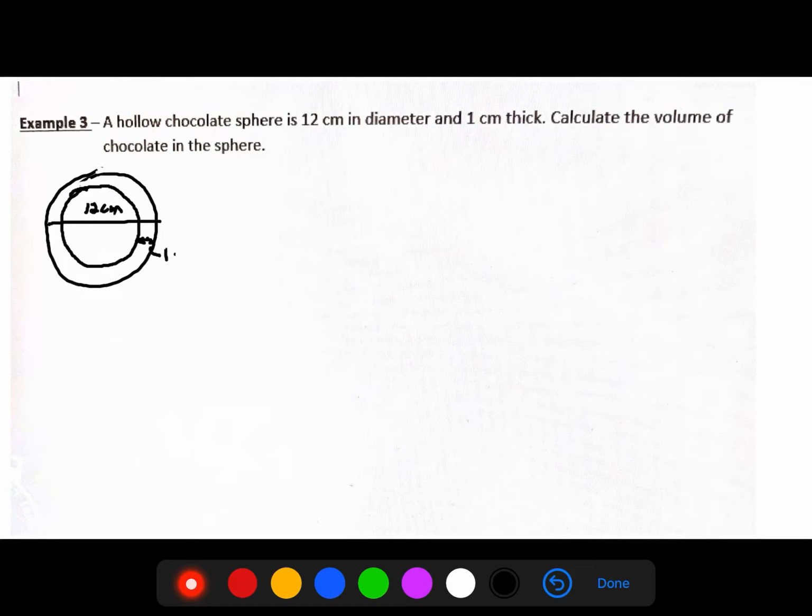So the whole thing is 12 centimeters in diameter and 1 centimeter thick. So we want the volume of chocolate.